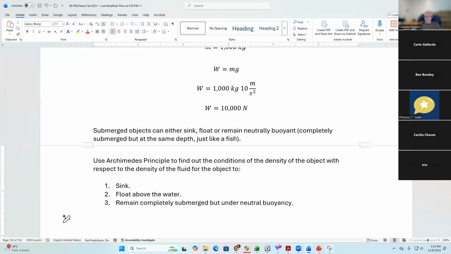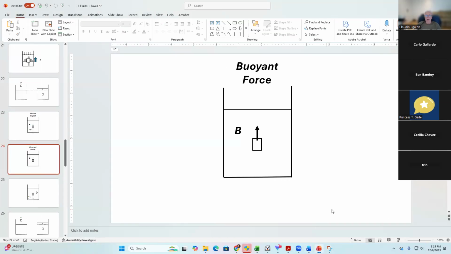And what we have to do is look at the forces acting on the submerged object. Remember that an object that's completely submerged experiences a buoyant force. But in addition to the buoyant force, it is also subjected to its own weight, right? That's all the forces.